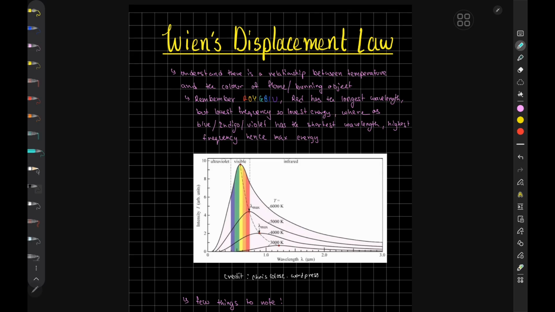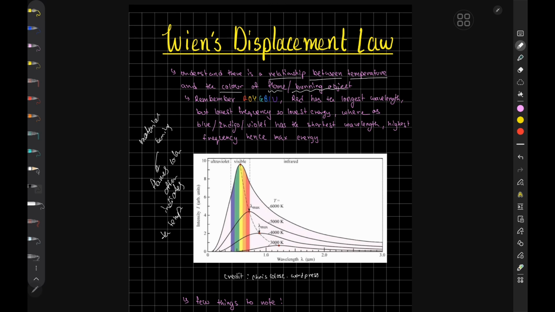Understand that there is a relationship between temperature and the color of flame or a burning object. When you see any sort of material burning, the flame color often indicates the temperature.